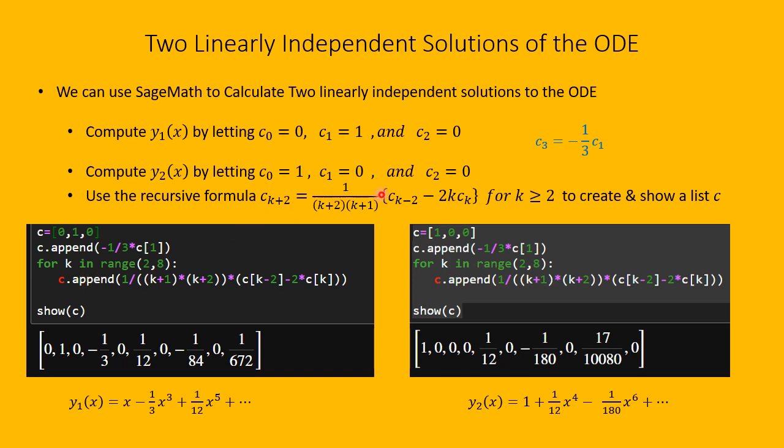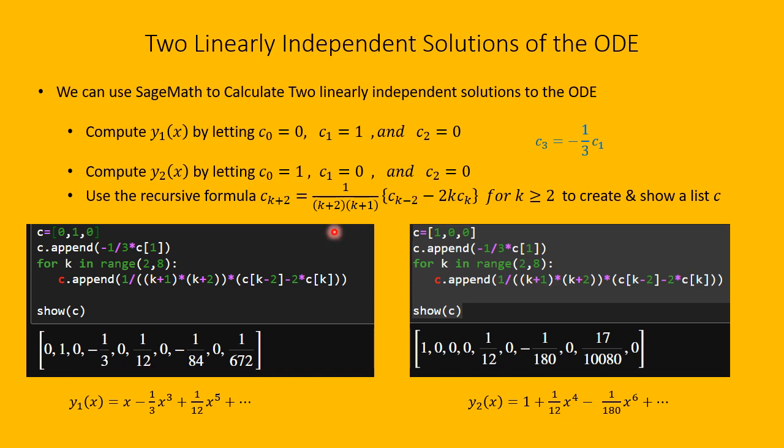And to do that, we'll use this recurrence relation. So we'll have C dot append, and then 1 over k plus 1 times k plus 2 times C sub k minus 2 minus 2 times C sub k. That's just using this formula here.